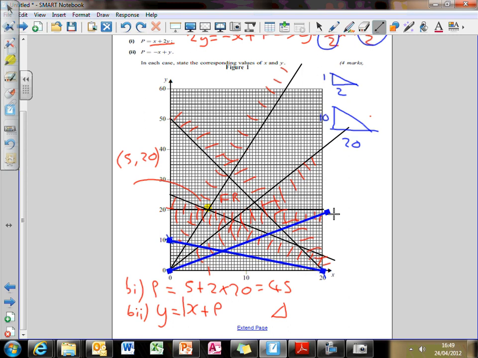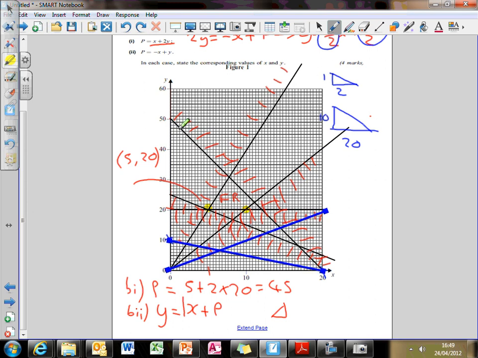Okay. Now same principle. I'm going to move that up, and it's the first place where I enter the feasible region. Again, it's going to be rubbish, but bang, it's there, isn't it? We can see it. Let me get my highlighter pen out. So this time, the vertex is there. You can read it straight off the graph again.